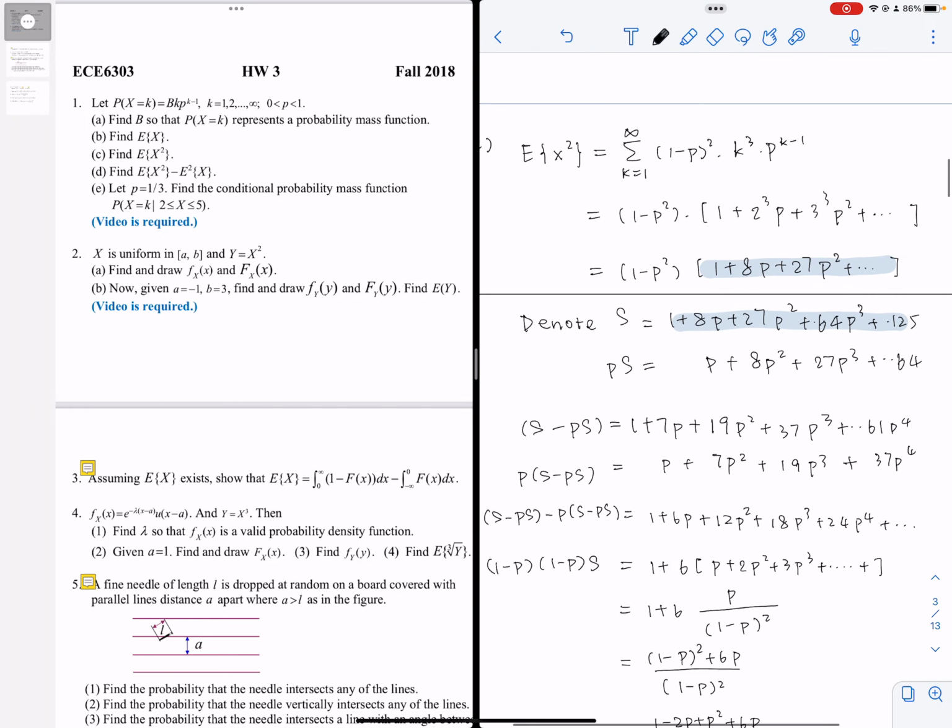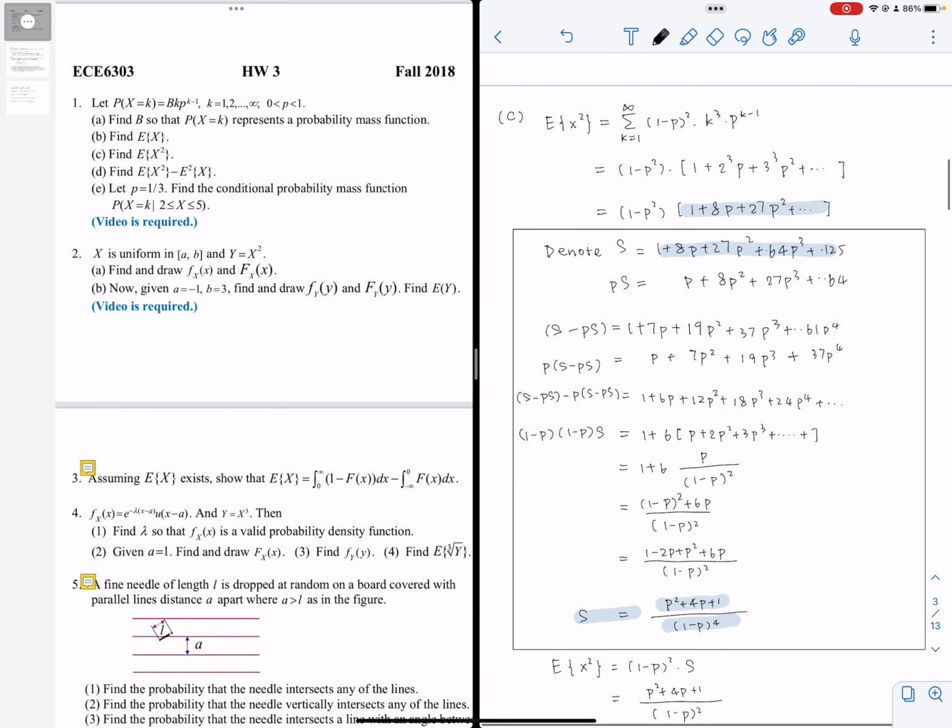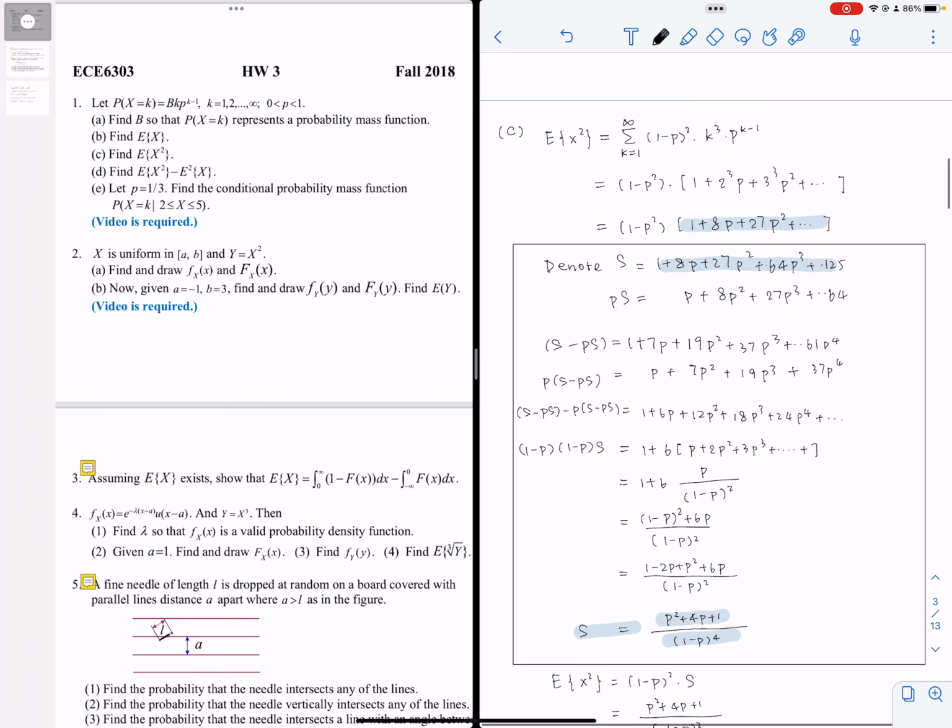Okay, so the third problem is really similar. Inside here we have 1 plus 8p plus 27p squared. So basically this is just cube numbers. And we can just use the same strategy as described above.